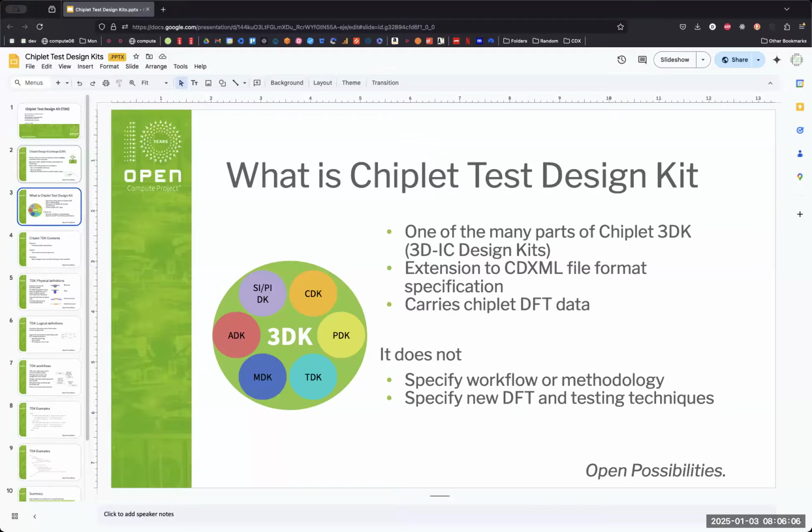TDK focuses on carrying DFT-related data. It's an extension to the existing CDXML format that we contributed some time back. One of the things that the test design kit does not do is, first of all, it doesn't focus on a specific workflow or methodology.